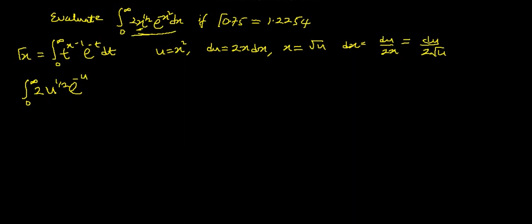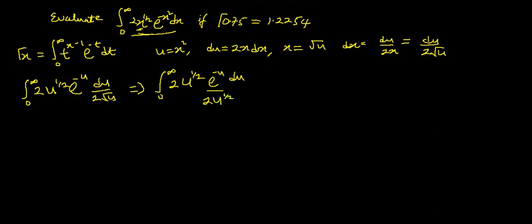Now instead of dx, we are going to put du all over 2 square root of u. So this is what we have. Let's solve this further. You have the integral from 0 to infinity of 2u to the power of 1 over 2 exponential minus u du all over 2u raised to the power of 1 over 2.